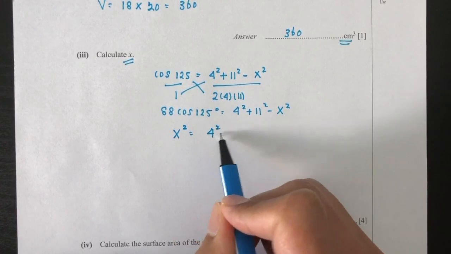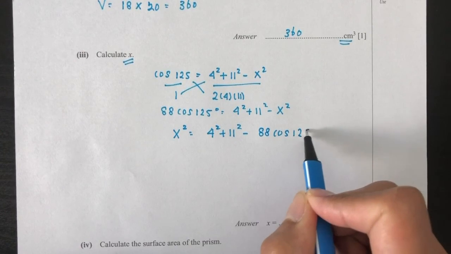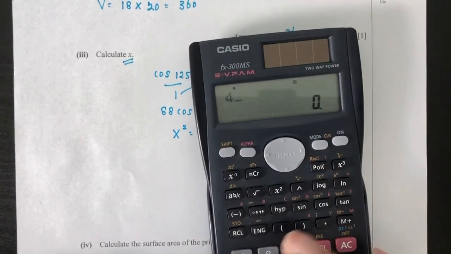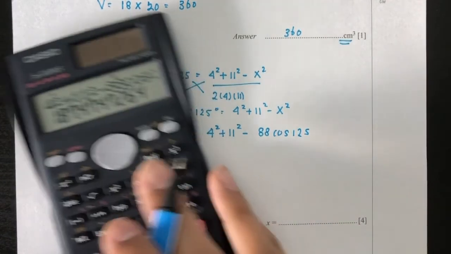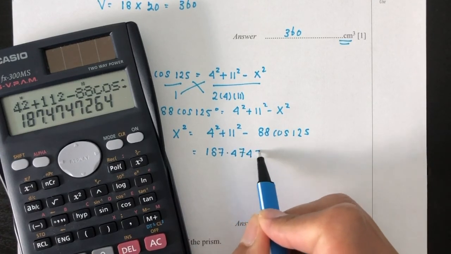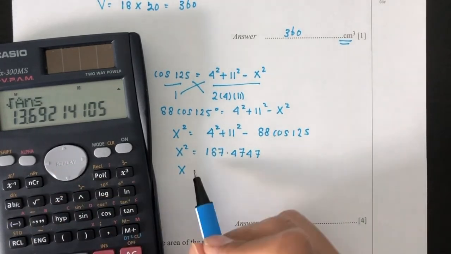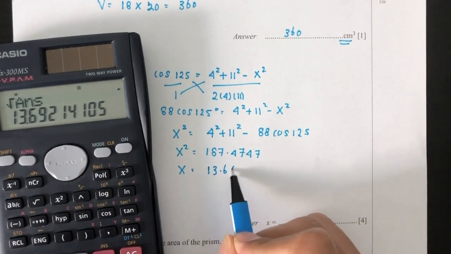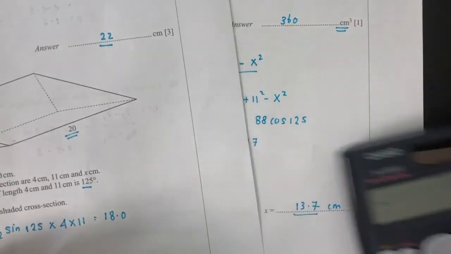That becomes 4 squared plus 11 squared minus 88 cos of 125. So let's do that. That will become 187.4747. That is x squared. So the value of x will be the square root of that, which is 13.69. So correct to 3 significant figures, that will be 13.7 centimeters for the value of x.